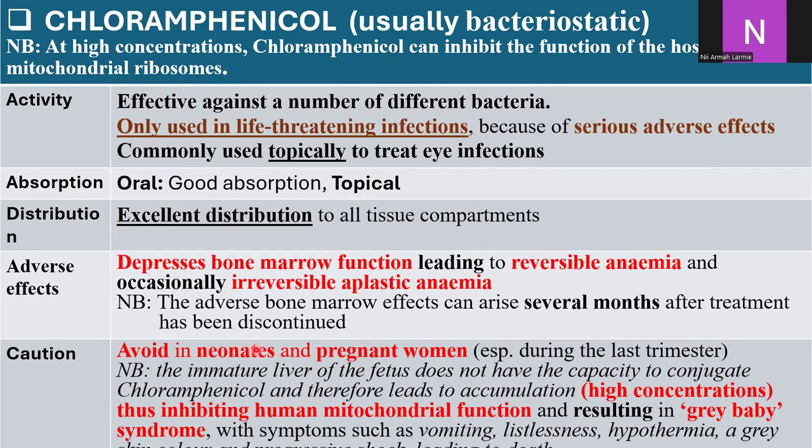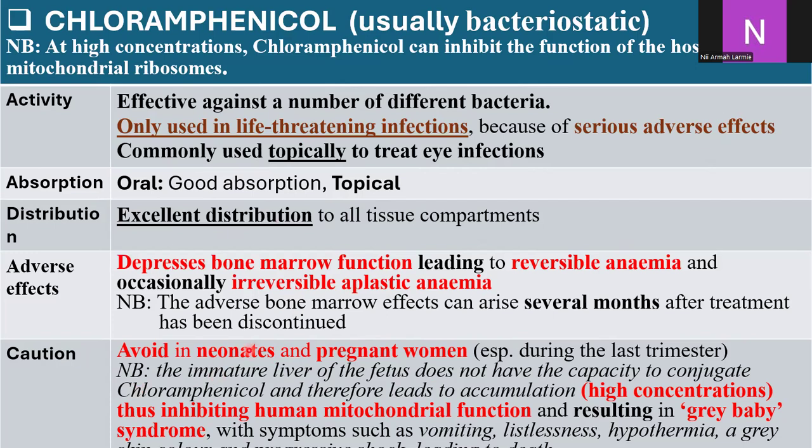Now, we do not want to use chloramphenicol in neonates and in pregnant women, especially in the last trimester. And this is because for neonates, because of their immature liver, they don't have the capacity to remove chloramphenicol. And that will lead to an accumulation of the chloramphenicol in their system.